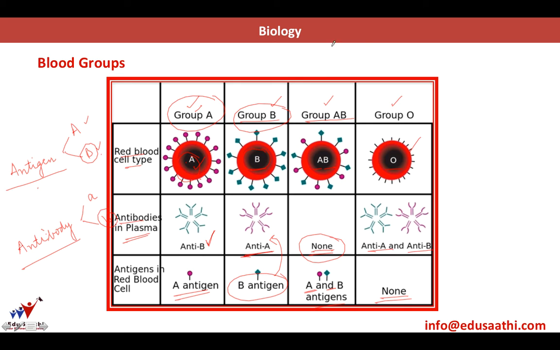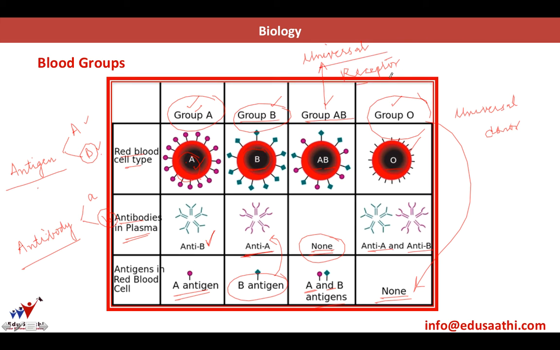Okay, so if you just look at this, blood group O is known as universal donor. It's a universal donor because it does not contain any antigen. And AB is known as universal receptor. That means it can accept any other blood type, because it does not contain any antibody.